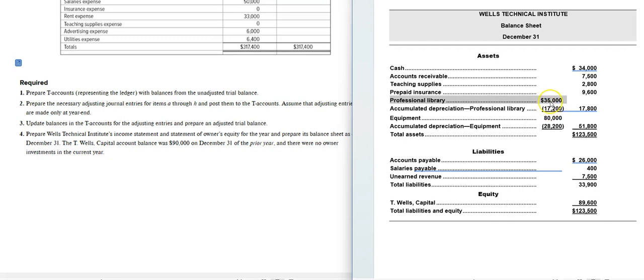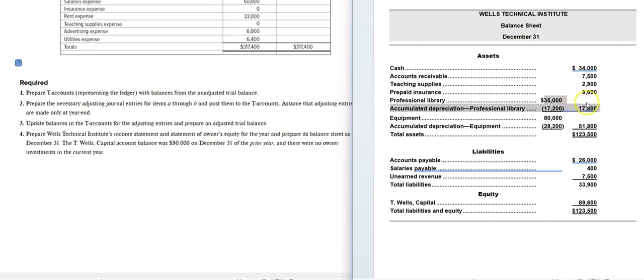That's what we paid for when we bought it. Then the accumulated depreciation account is keeping track of all the depreciation expense we recorded since we bought that asset. So the difference between the account balance, the asset's original cost, less its contra asset account, its accumulated depreciation, is what we call the asset's book value.